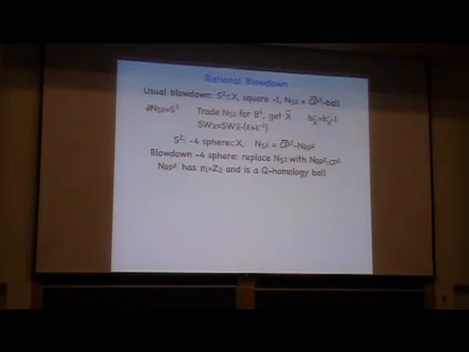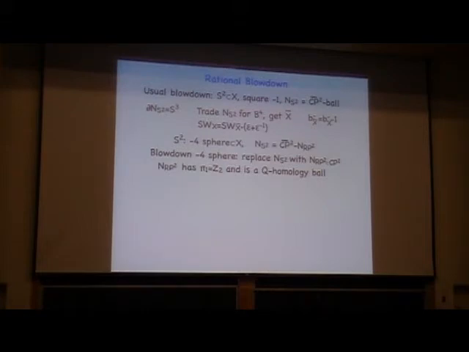Okay, so here's another kind of blowdown you can do. Suppose instead of having a -1 sphere in your four-manifold, you have a sphere of self-intersection -4. So a neighborhood of a sphere of self-intersection -4 is the complement of RP2 in CP2 bar.